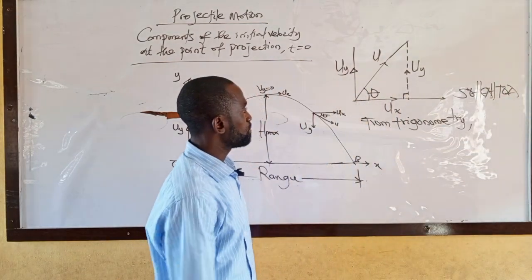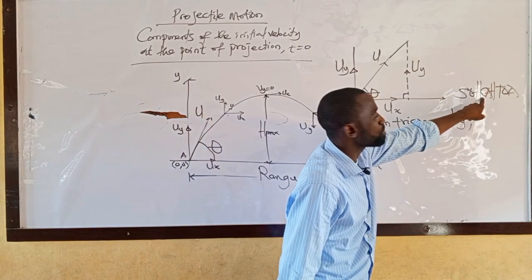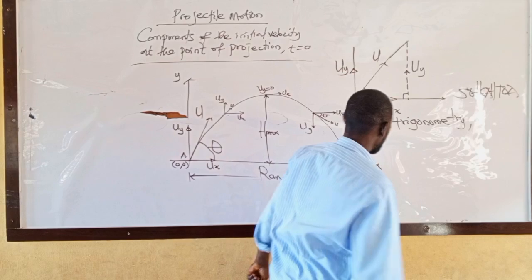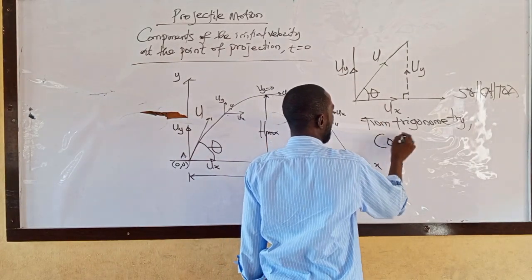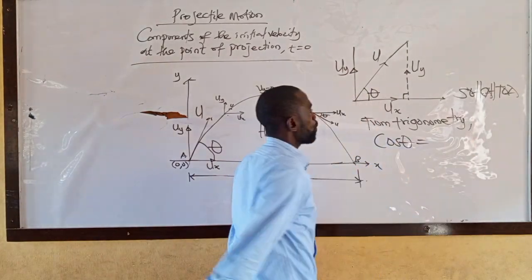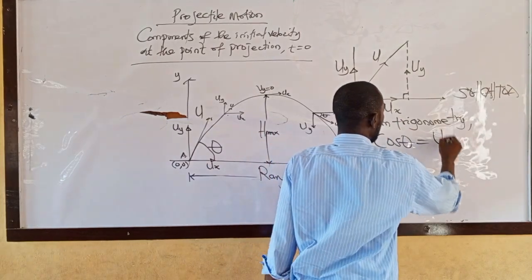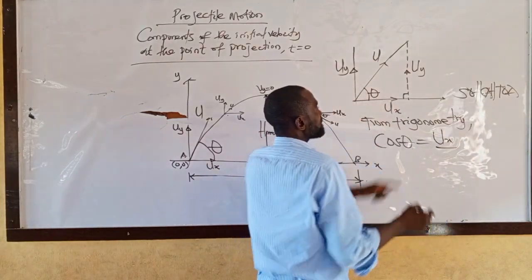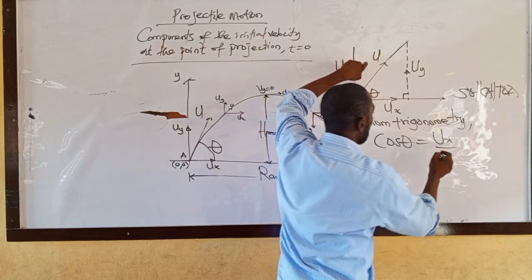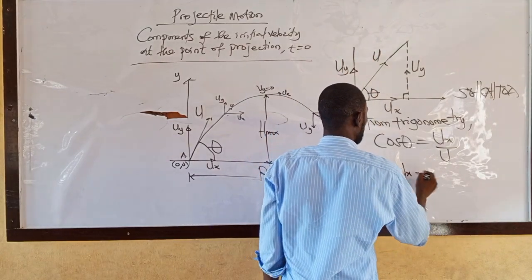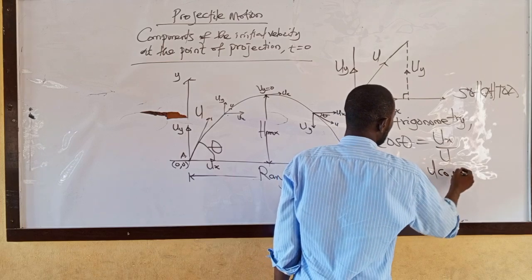Let's go for the first one. CAH means cosine equals adjacent over hypotenuse. So cos theta equals, our adjacent is u of x, all over the hypotenuse, which is our u. Cross multiplying, u of x equals u cos theta.